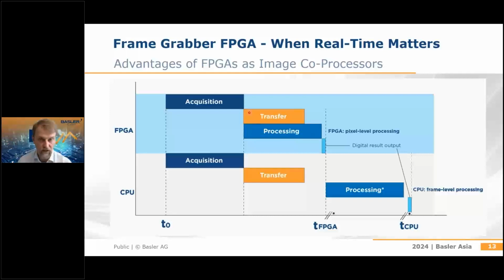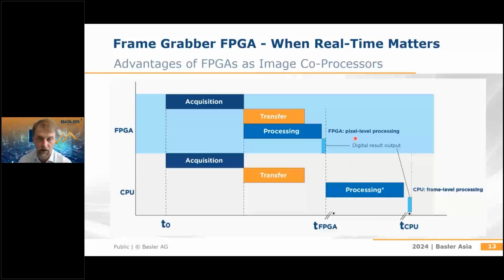When it's a task where no CPU is required, the FPGA can directly make a digital result output and, for example, control some actuators. Later on, I will show a use case example on this very demanding real-time part. Of course, things that don't need to be real-time can happen in the normal CPU environment too.